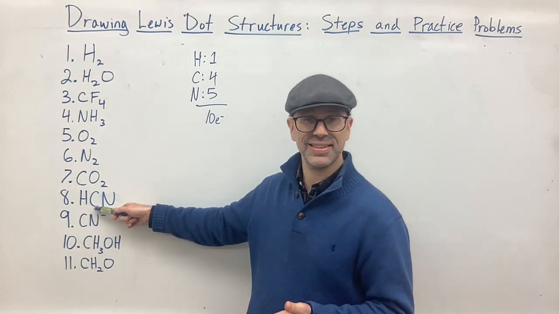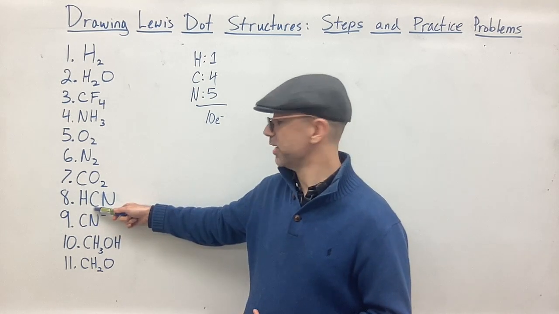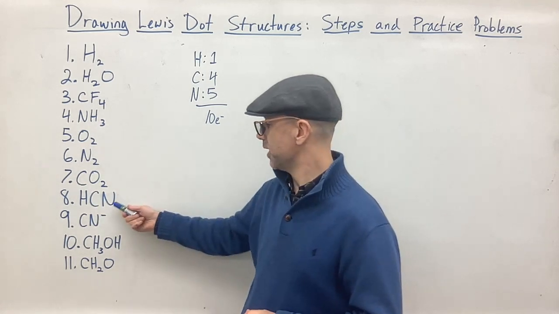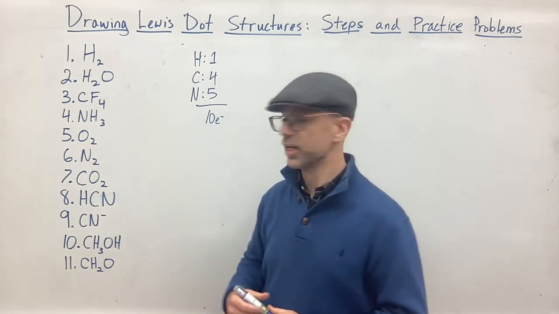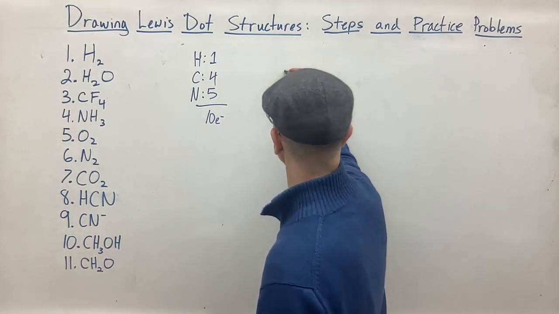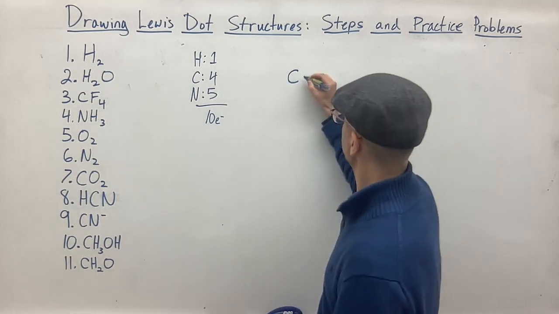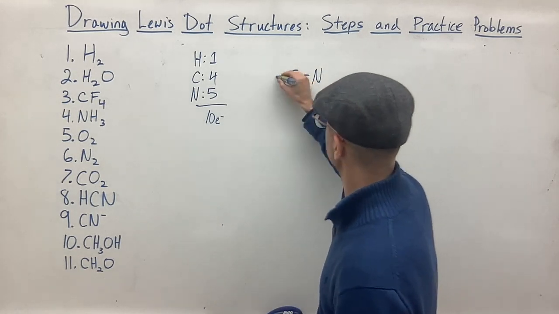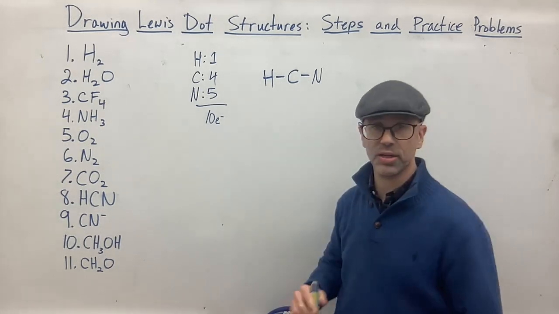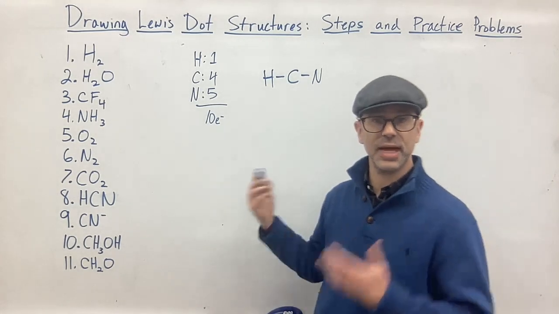Carbon is the next lesser electronegative atom, so carbon would be the central atom, not nitrogen. Nitrogen is more electronegative. So we're going to use carbon as our central atom, and bond nitrogen and hydrogen. So both hydrogen and nitrogen are bonded to the carbon. So this is step 2.